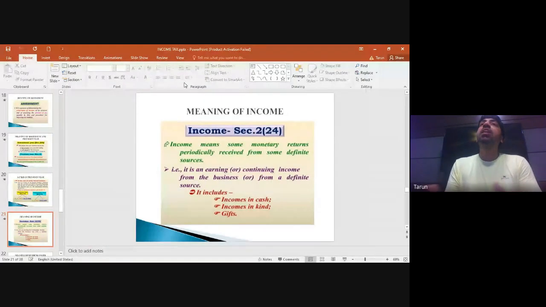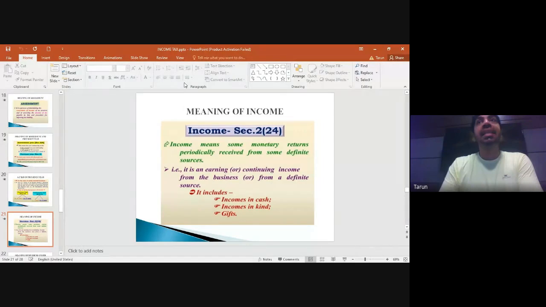Let's take an example. A person has a property whose original cost is 10 crores, right? So he sells the same property for 12 crores. So the difference of 2 crores under the Income Tax Act is capital gain.